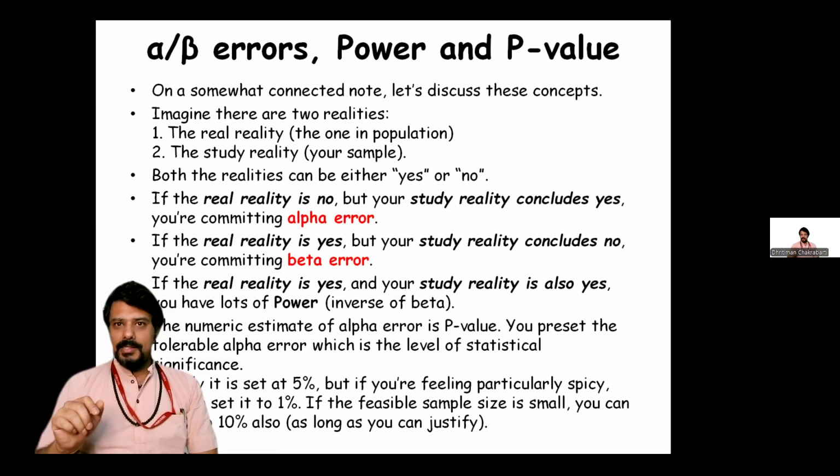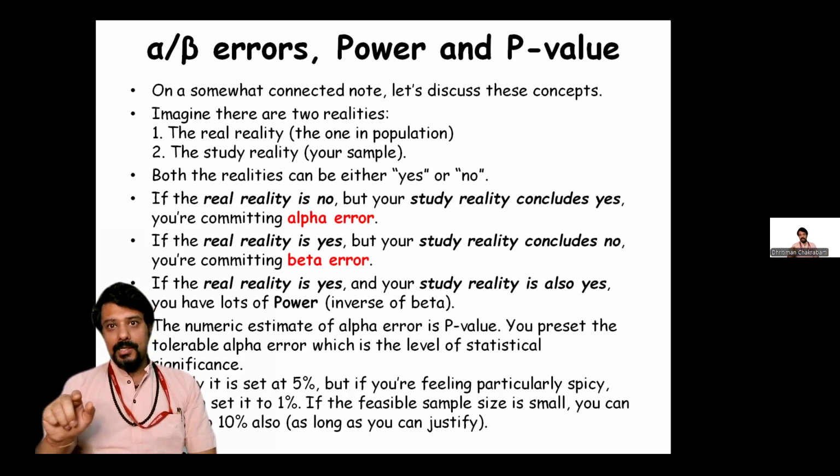Next, if your actual reality was yes, meaning that in the population the answer to your question was yes, and your study reality concludes no, then that is called a beta error. If the actual reality was yes and your study reality was also yes, then that is basically the opposite of beta error, and that is what we call power.